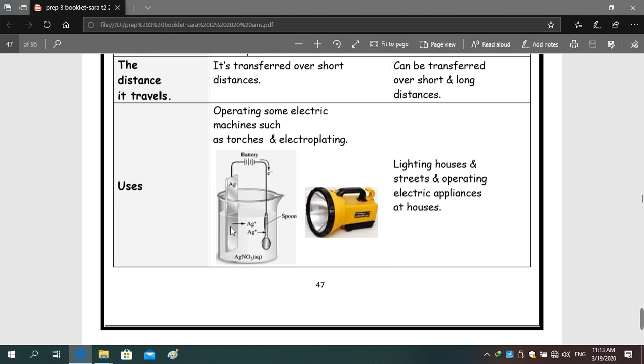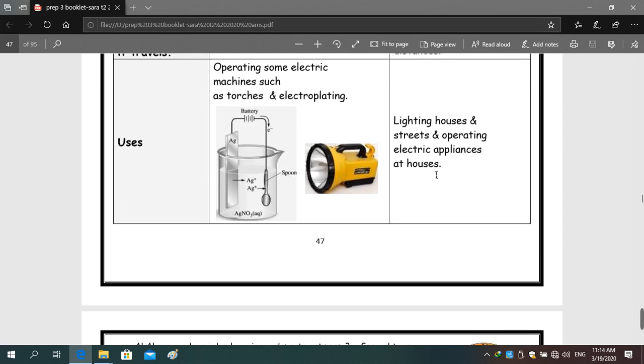The silver metal is ionized from the silver plate and precipitated on the spoon, making electroplating or painting of the spoon with a silver color. Uses of alternating current: lighting houses and streets, and operating large machines and appliances in the house.